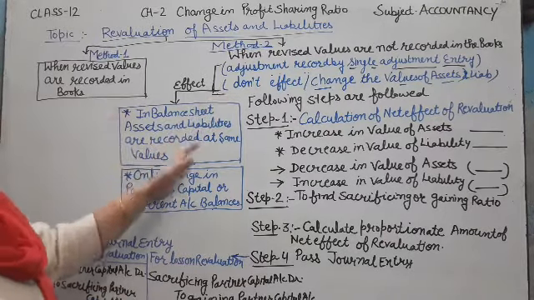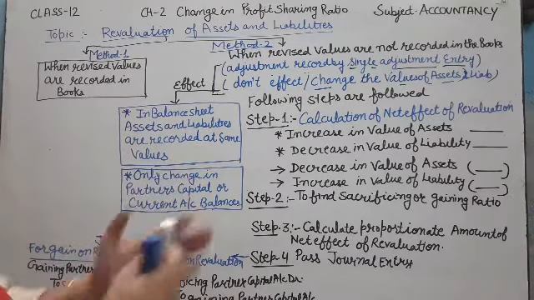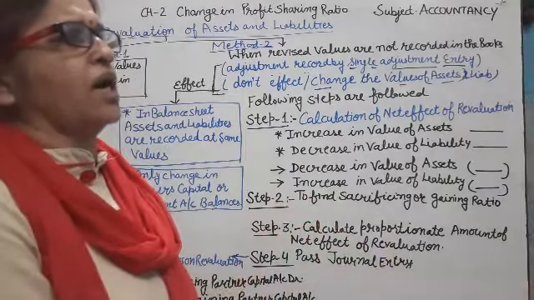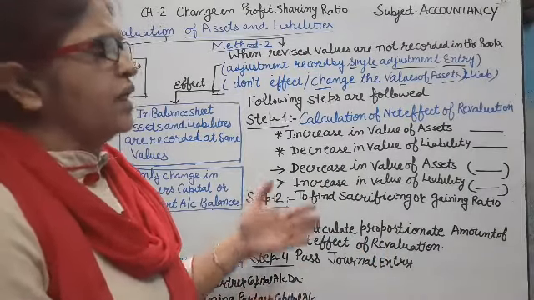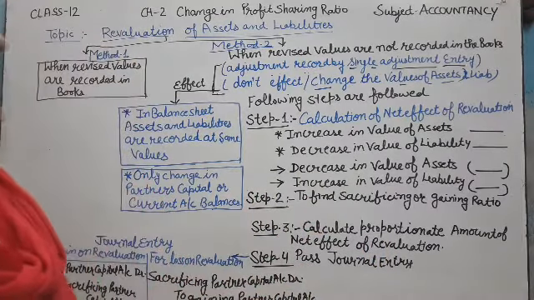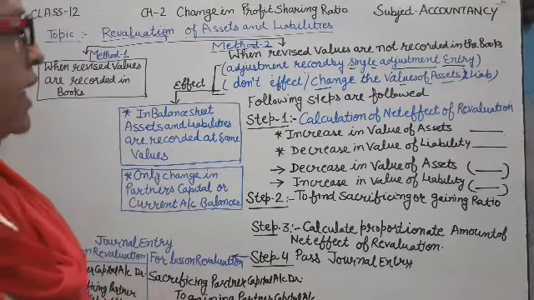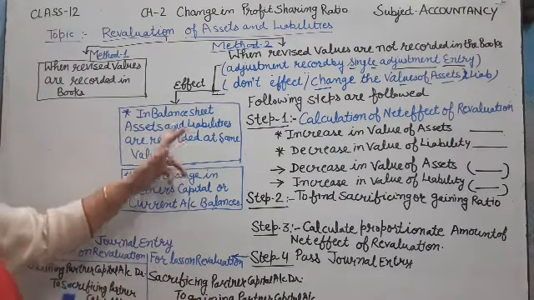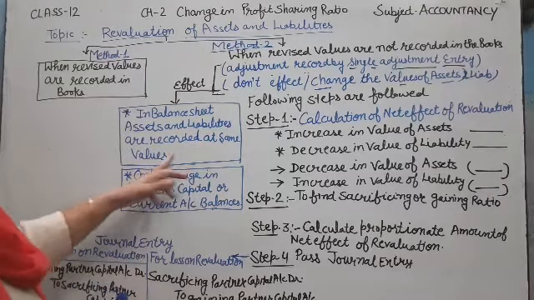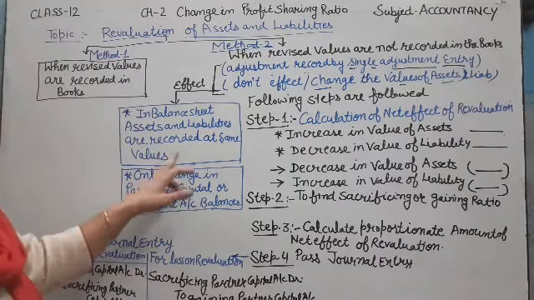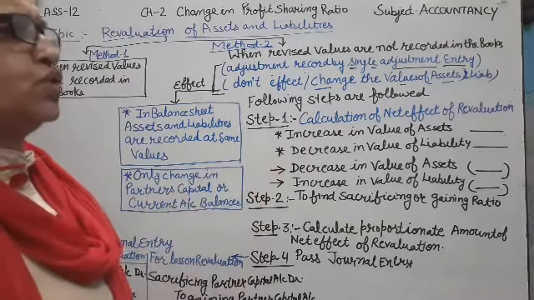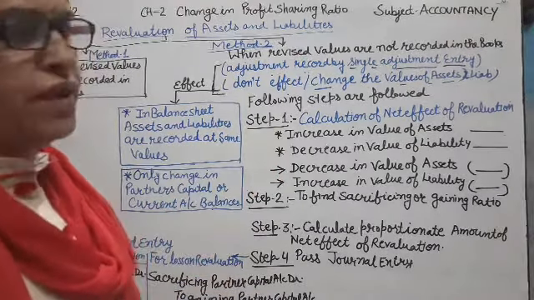That's why, what is its effect? In this method there is no need to prepare a revaluation account, the new account which we learned yesterday. And in this method the effect on the balance sheet is that assets and liabilities are recorded at the same value which was given before the reconstituted firm.